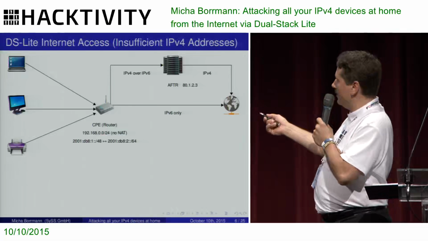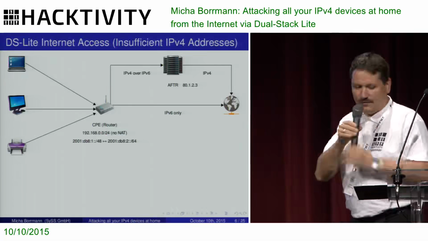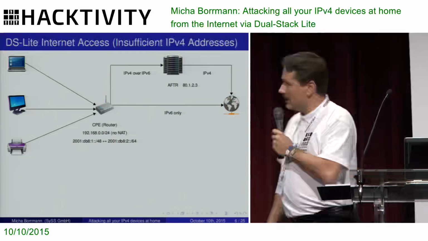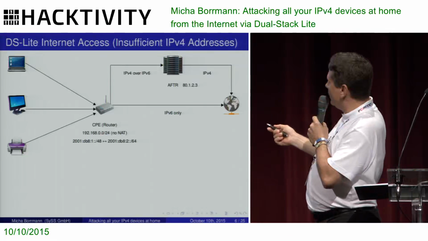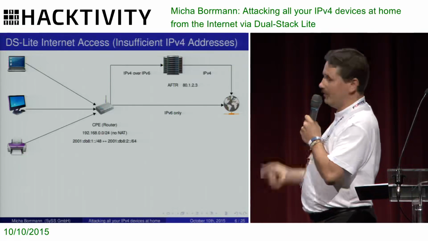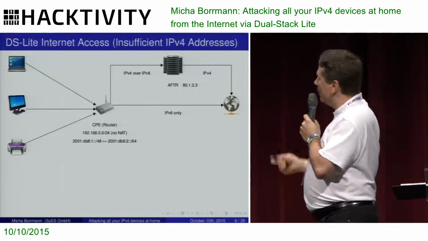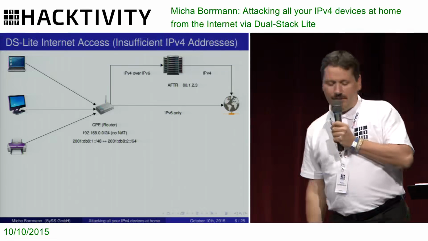Maybe there's a firewall on the CPE or something like that. But what happens with IPv4? The most important difference, the CPE does not have a public available IPv4 address. There is no IPv4 anymore. The device has externally only one IPv6 address.